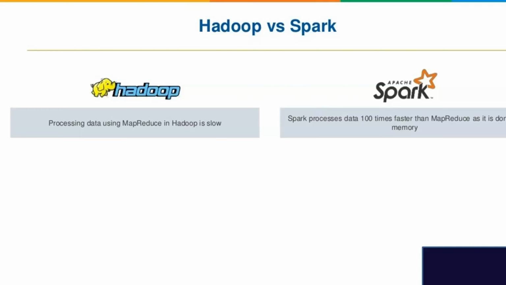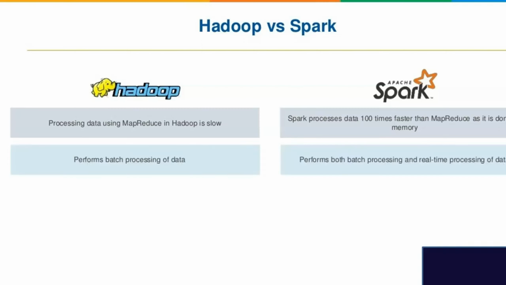MapReduce is a little slow because it is iterative in process, going to every single node for breaking down, mapping and reducing, and then processing. Spark is 100 times faster than MapReduce as it does in-memory processing.